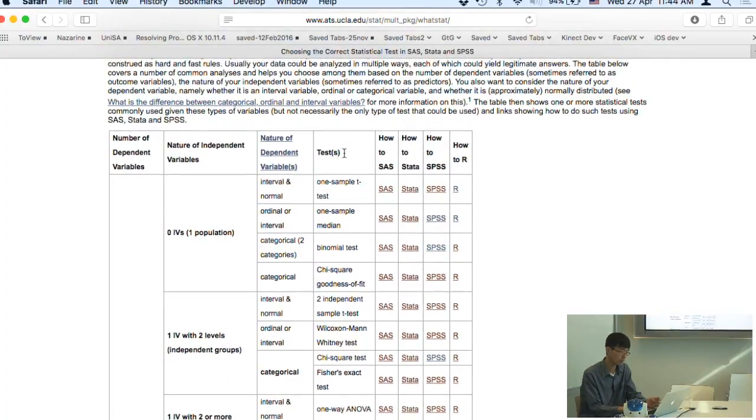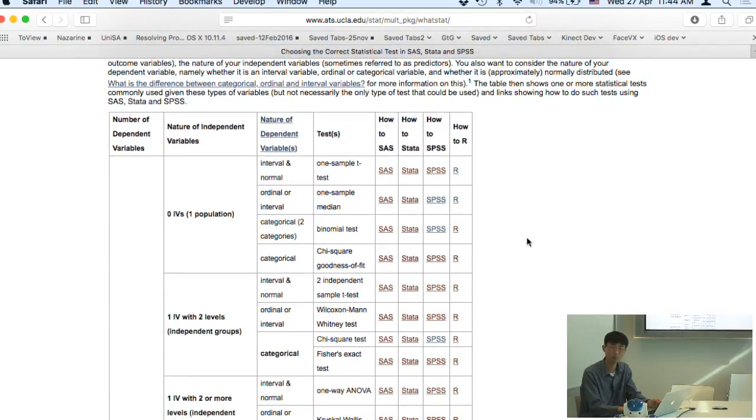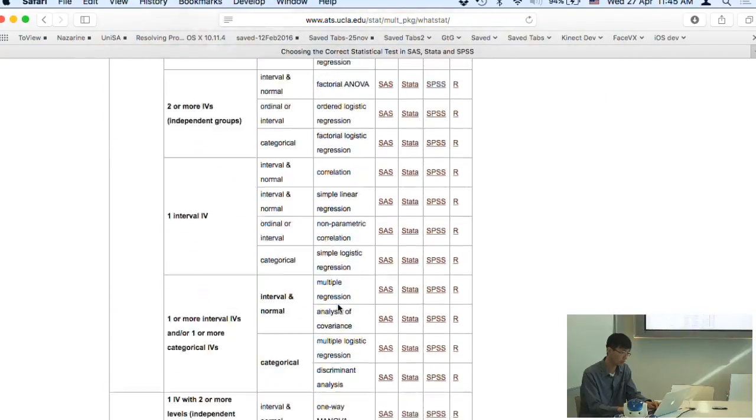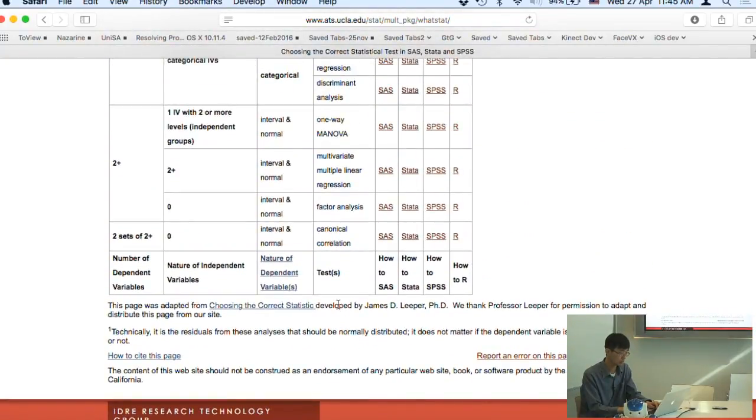It has a whole lot of different statistical methods you can choose based on your study design and with different statistical tools. So it might be a good reference when you think your study design doesn't fit into one of the methods that we talked about in the lecture, then maybe you can go to this table and look up what other statistical methods you can use.